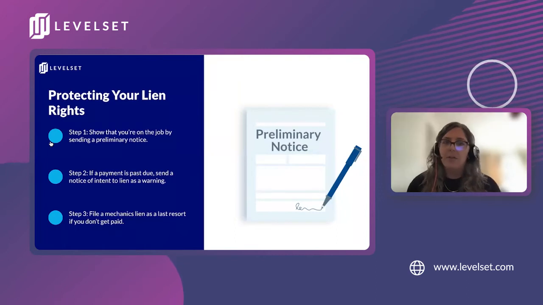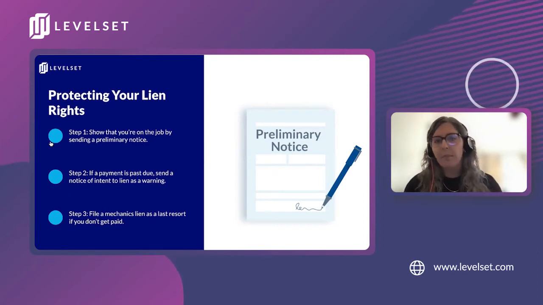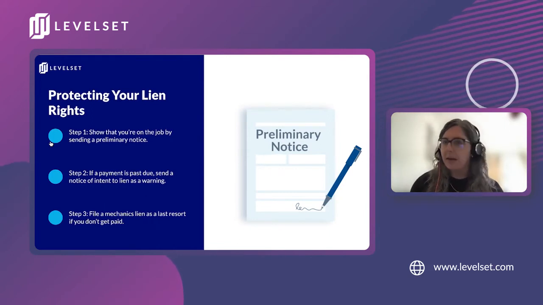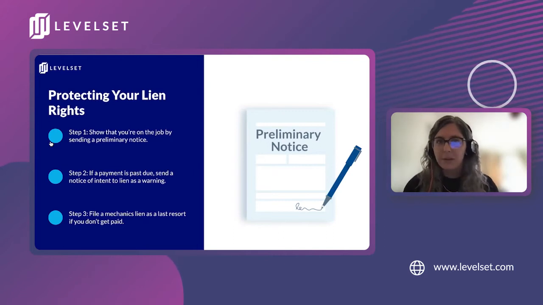Now, again, this looks different in different states or depending on your role on the project, but the basics are, at the beginning of the job, communicate with the GC and the property owner that you're on the job by sending something called a preliminary notice. This might have a different name depending on what state you're in. Next, if a payment is past due, send a notice of intent to lien as a warning.